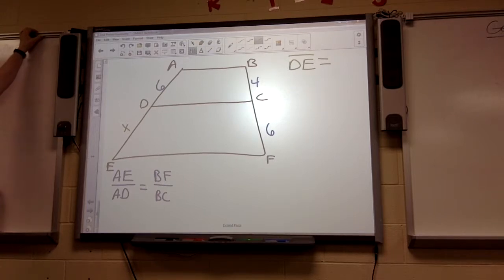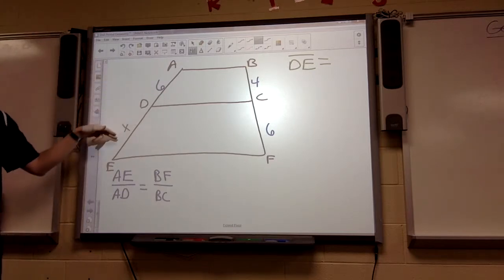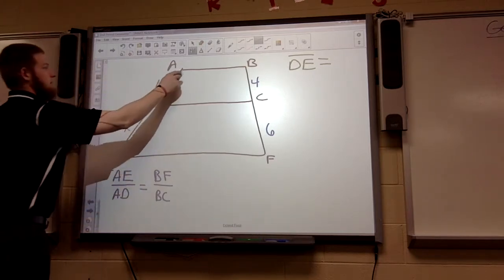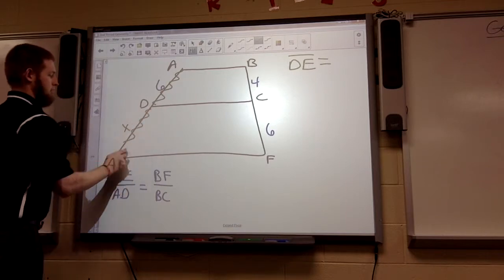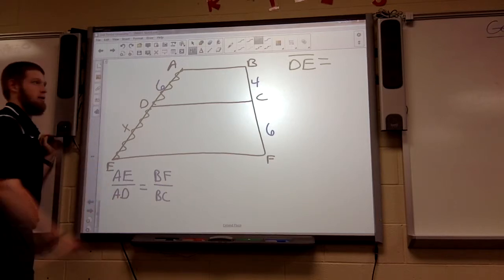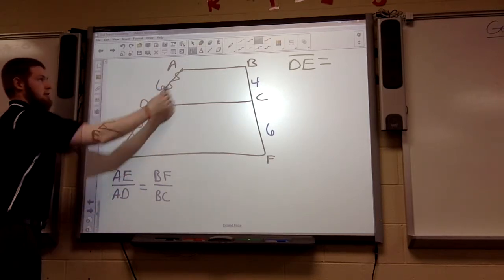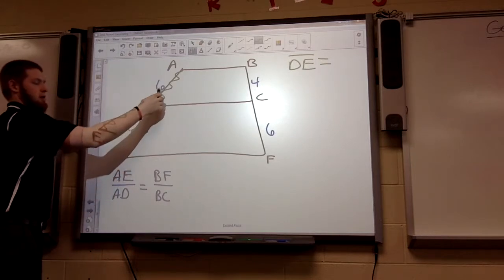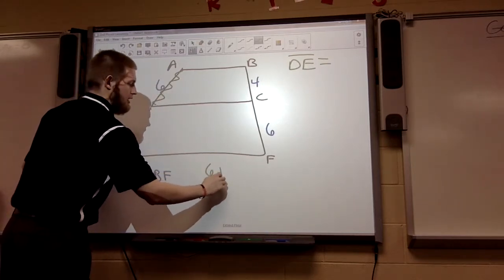It's x plus 6. And be careful, it's not 6x, because I have to do what with this segment and this segment? You have to add them together. What postulate is that? Segment addition postulate. I'm adding two segments to get the larger segment. So I have 6 plus x.